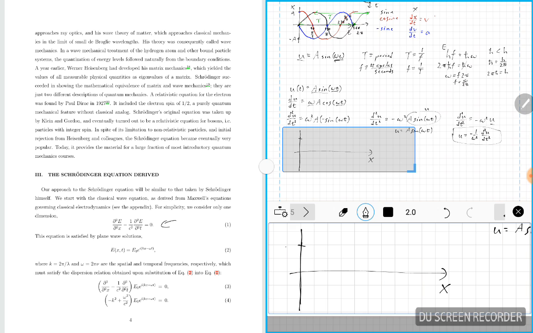So I'm just going to call that amplitude A again. And we have 90 degrees, or pi halves, pi, 3 halves pi, and then we're going to have 2 pi, and then that'd come back again here.